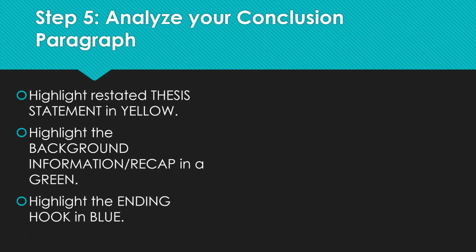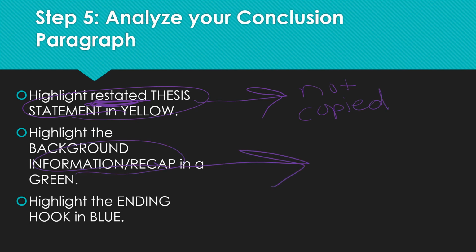Now go through your conclusion. Where's your restated thesis? Restated. If yours is exactly like your intro, you need to fix it. Where's your background or recap? Highlight that in green. So what was your essay about?